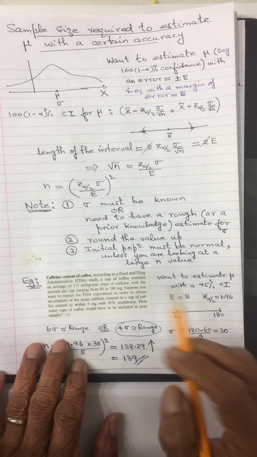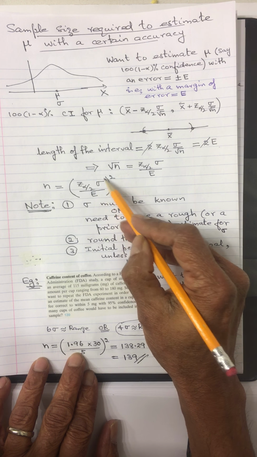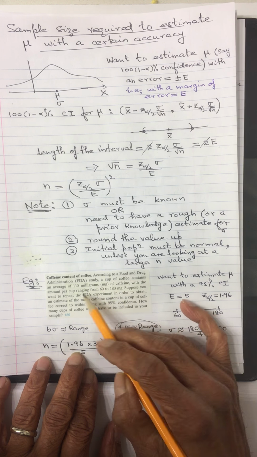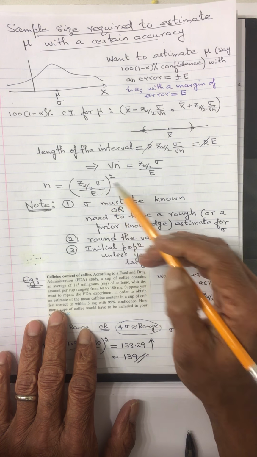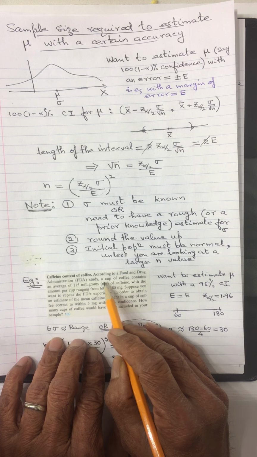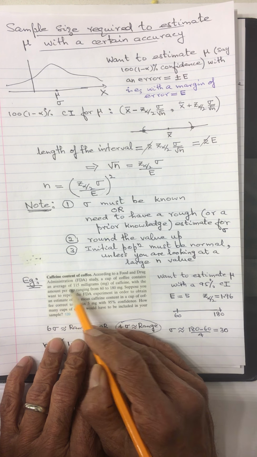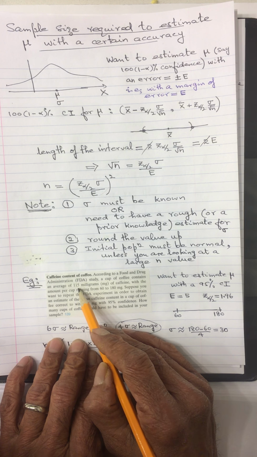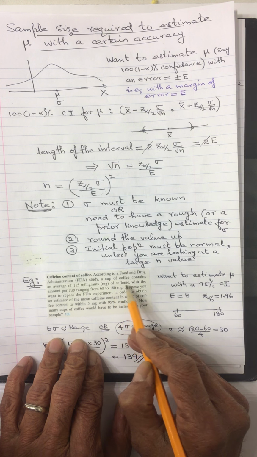So the question now, going back to that formula, you need the sigma. But if you read the question, does it give any kind of hint about the sigma? According to this, one cup of coffee contains an average of 115 milligrams of caffeine.